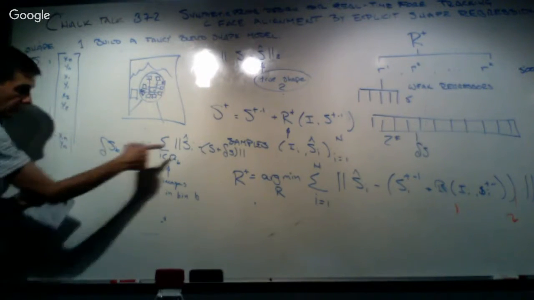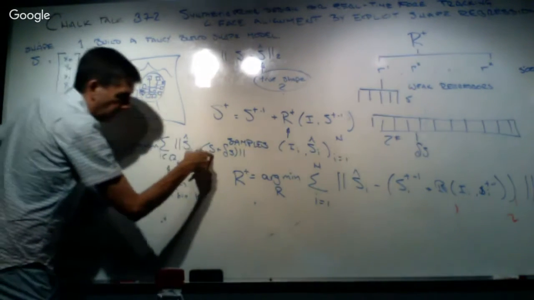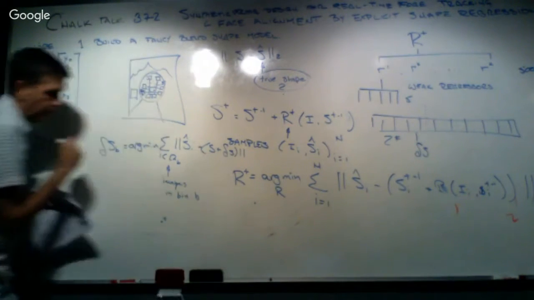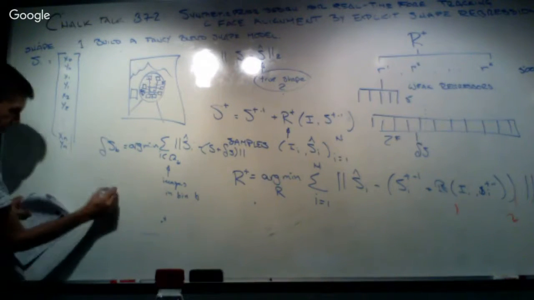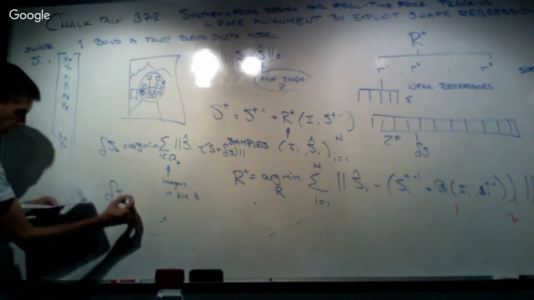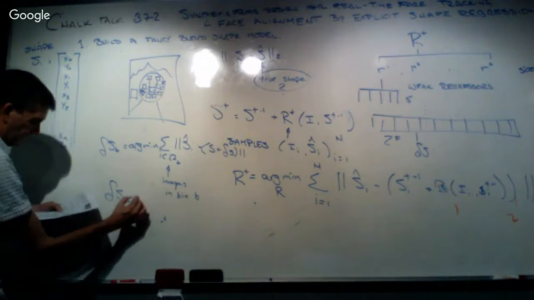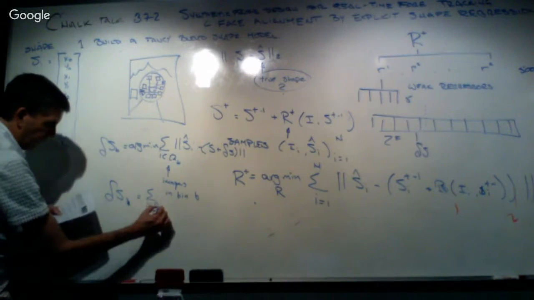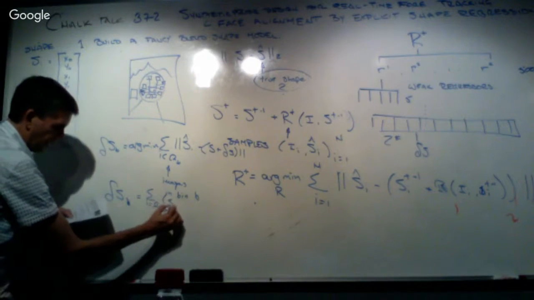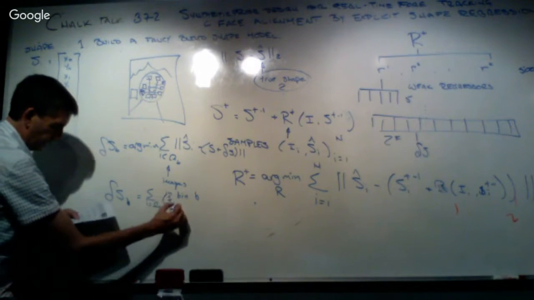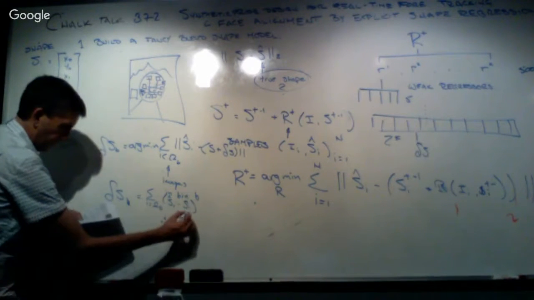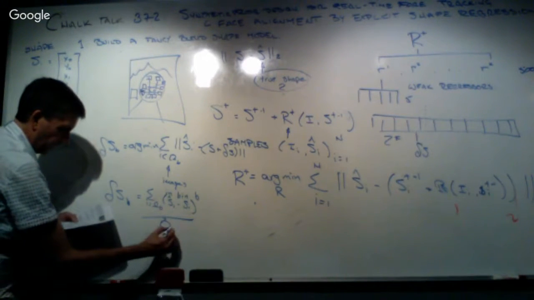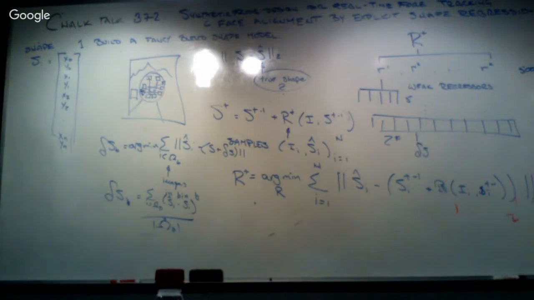Now, because we know the true shape and we know our current shape, we can actually calculate the delta S. And the delta S is actually pretty easy. This seems complicated, but it isn't. It's delta S_B equals the sum over all i in omega_B, the set of samples in the bin, of (S_i hat minus S_i), divided by the number of samples.